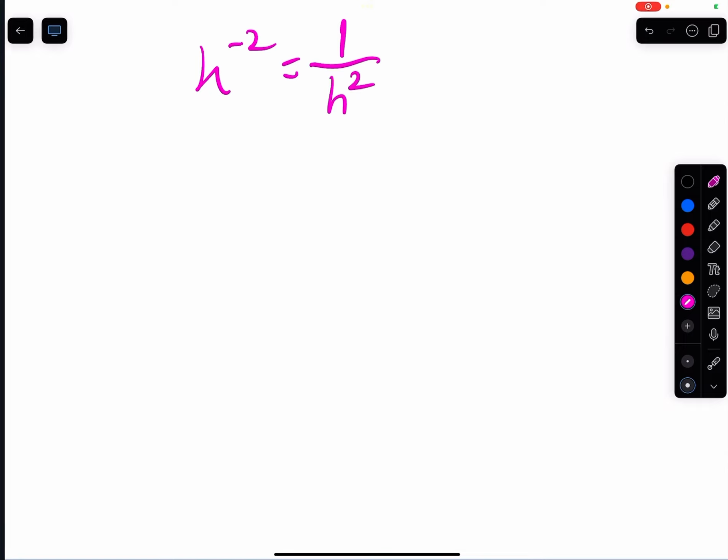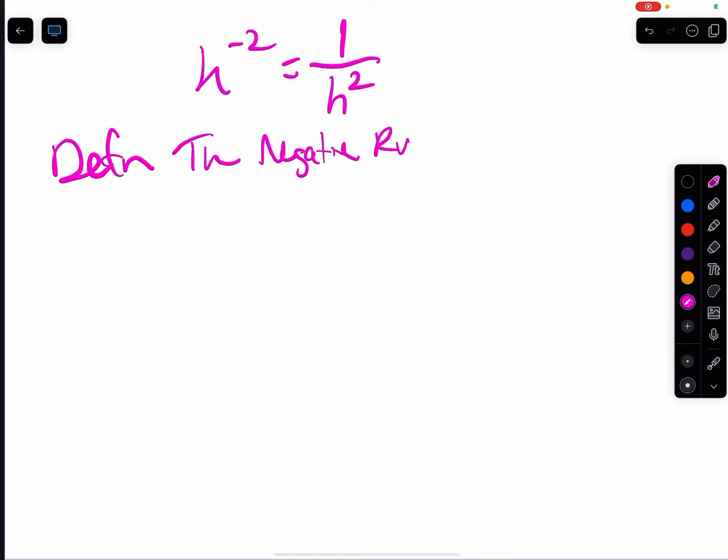So what that means is that when we have a negative exponent, then we can use its reciprocal, 1 over that, and the exponent is positive in the denominator. So let's write out a definition for this. The negative rule of exponents.